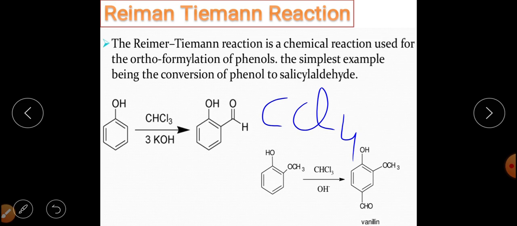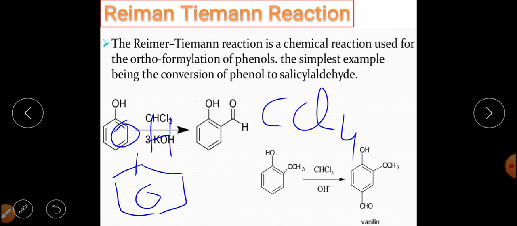Instead, there will be introduction of a carboxylic acid group ortho to the hydroxyl position, right? At that time, we will get this type of product. It means if we take carbon tetrachloride instead of CHCl3, salicylic acid will be synthesized and we will not get salicylaldehyde as the product.